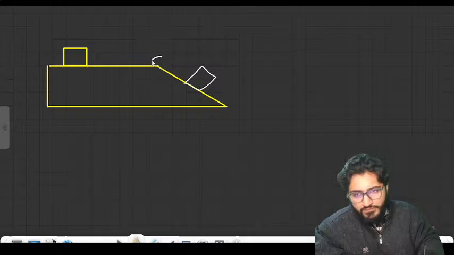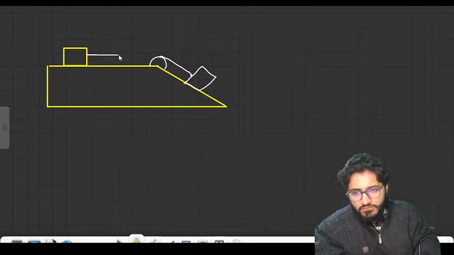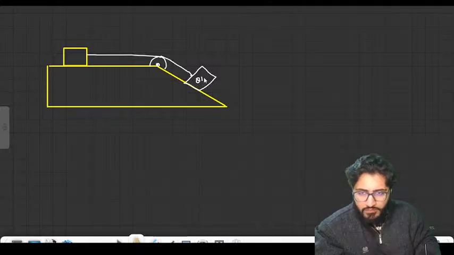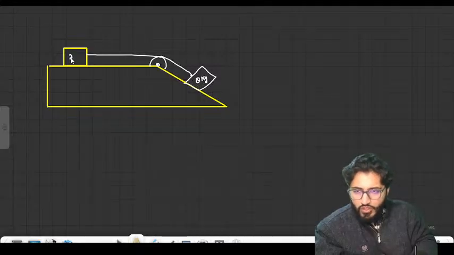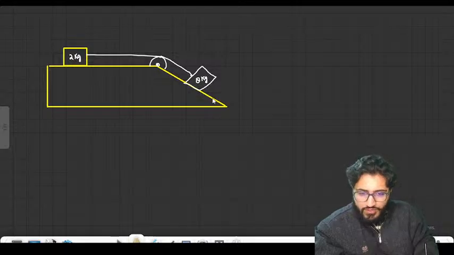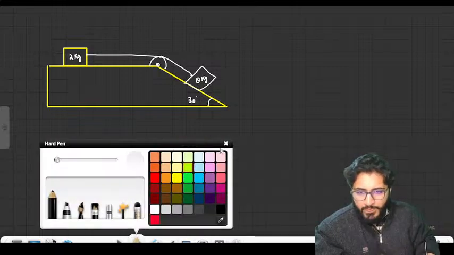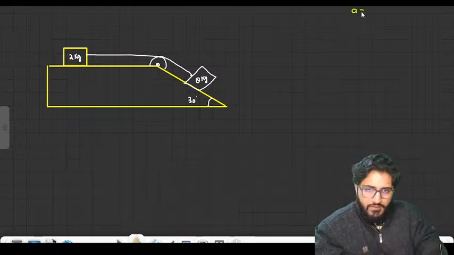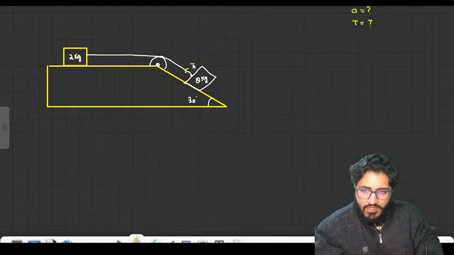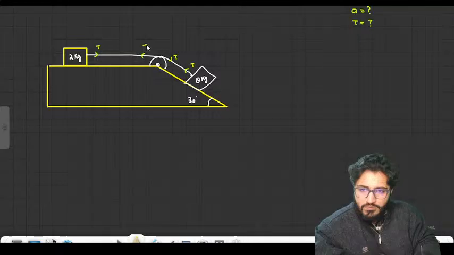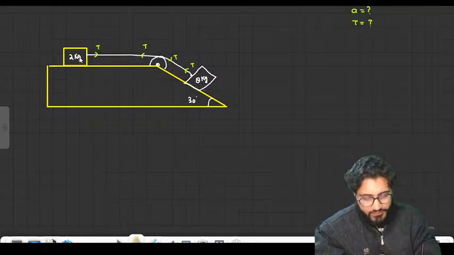There is a pulley. Mass is 8 kilogram. The other is 2 kilogram. This angle is 30 degree. Okay. What will be the acceleration? What will be the tension? How to find it? Look now.